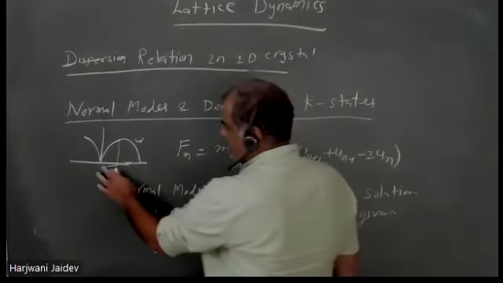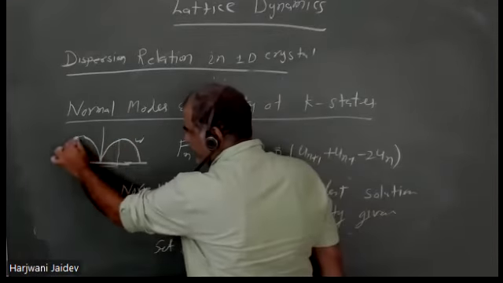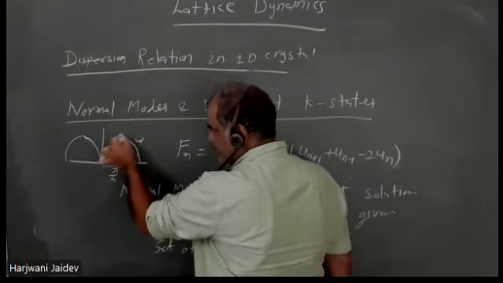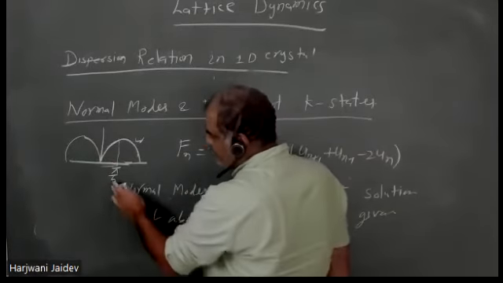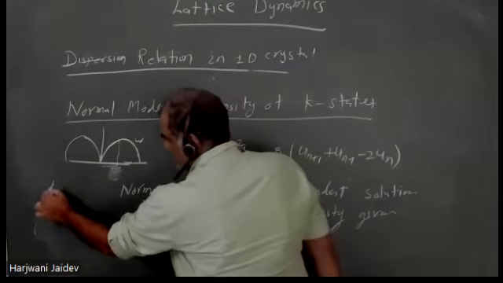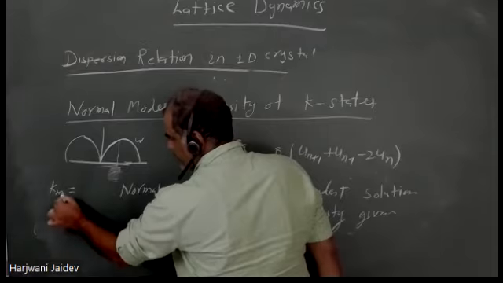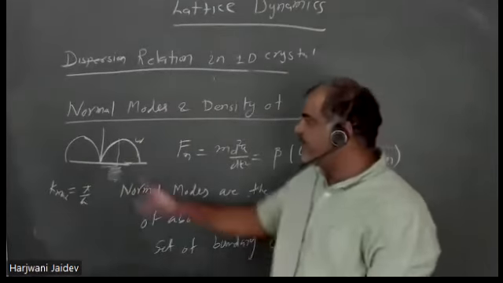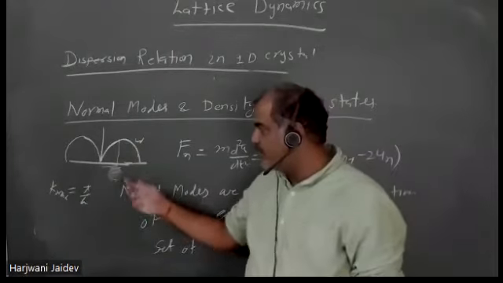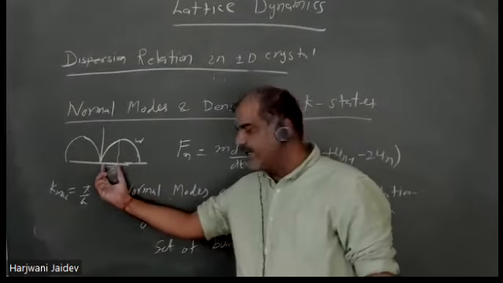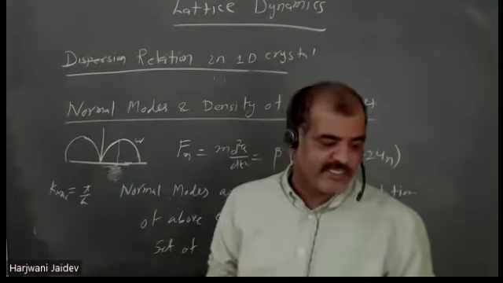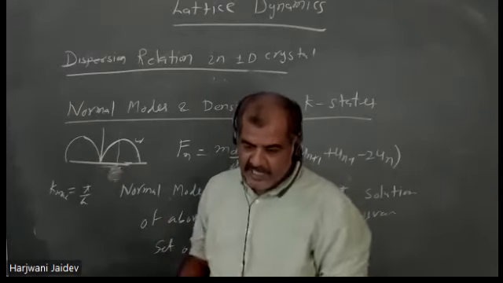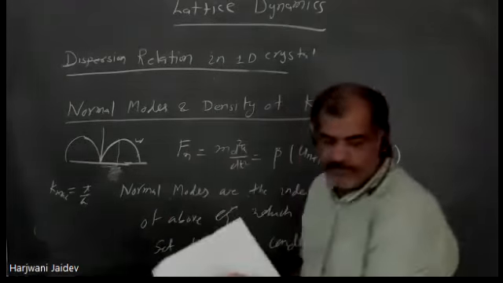That means my maximum value of k is π/a. Whatever comes after are repeated values, not independent solutions. So between 0 and π/a, I have to calculate how many modes, how many k values there are, and that can be calculated using boundary conditions.